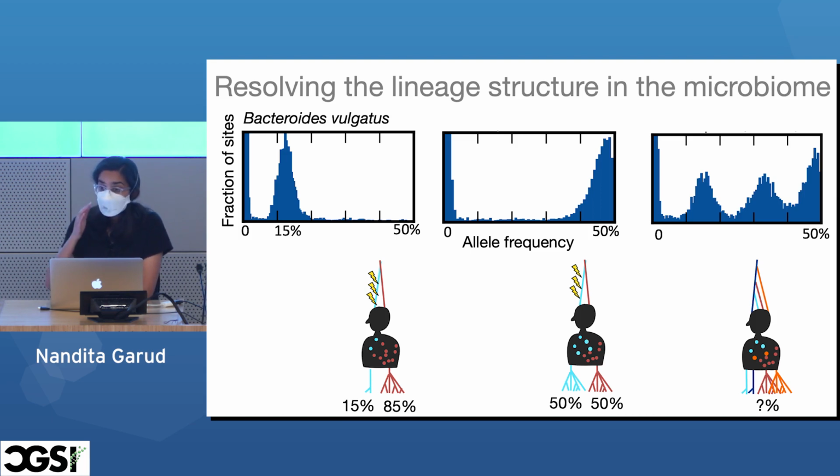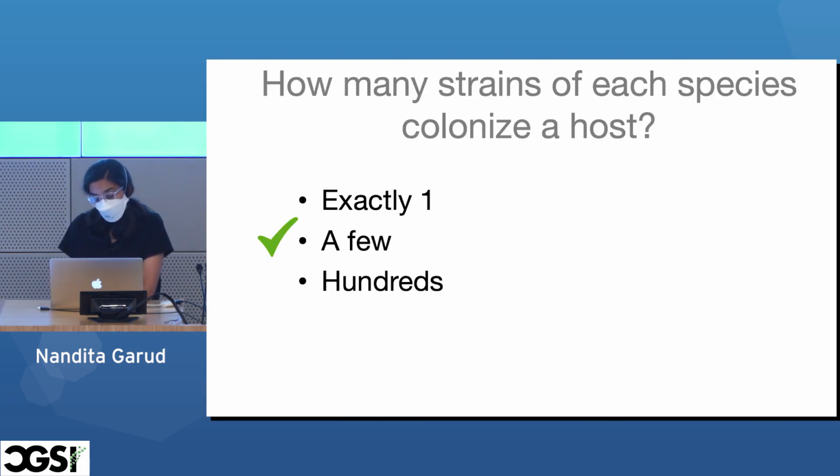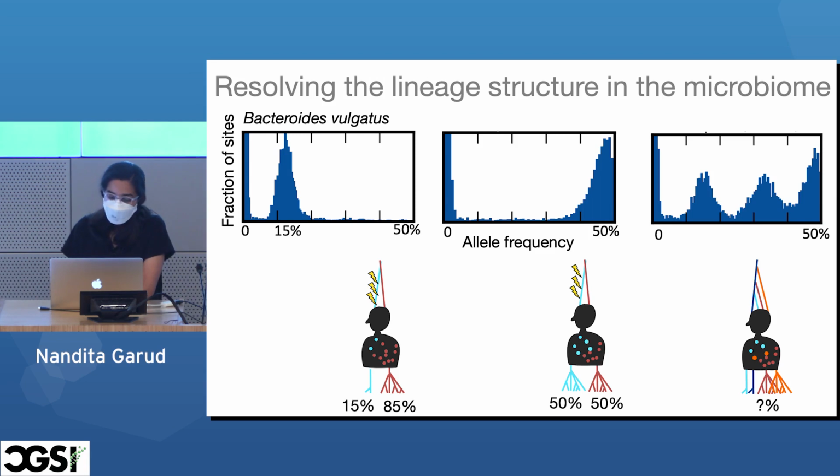We can also rule out the fact that exactly one strain is colonizing us because, again, we have these bumps. If we only had one strain, we'd only see these low frequency mutations. So this distribution is fairly interesting. Why is it only a few? And if you notice, it's on the order of 2 or 3, some discrete number.